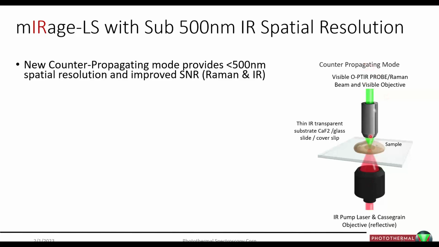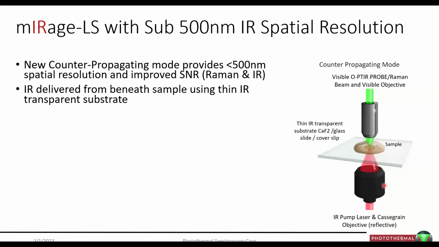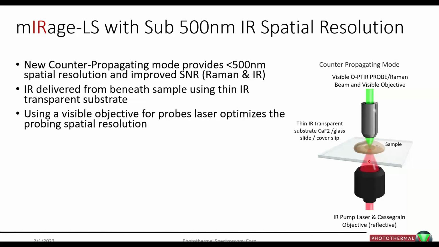The probe always comes from the top, but you can switch the direction of your infrared. We call that counter-propagating mode. It requires a thin glass, thin infrared transparent substrate, or it could even be a thin cover slip.